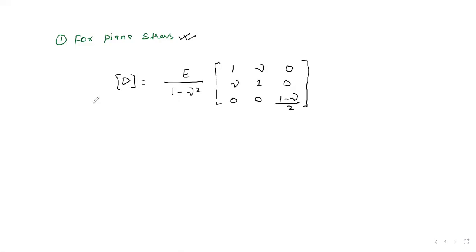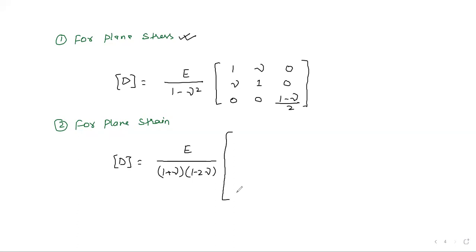But if they mention that this is a plane strain problem, then this D matrix is going to be E upon (1 plus nu) into (1 minus 2 nu), times the matrix [1 minus nu, nu, 0; nu, 1 minus nu, 0; 0, 0, (1 minus 2 nu)/2].